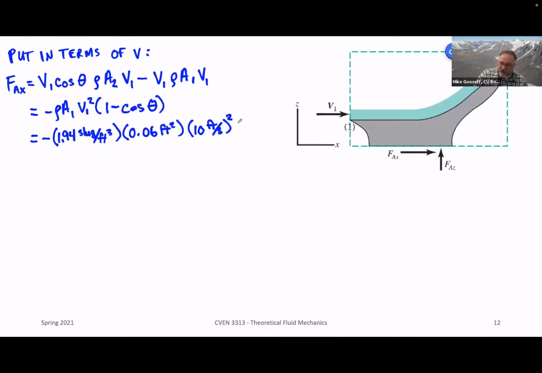And then we multiply by 1 minus cosine of theta. And then we can take this one step further to just calculate all of this out. F_AX is equal to minus 11.64 times 1 minus the cosine of theta.